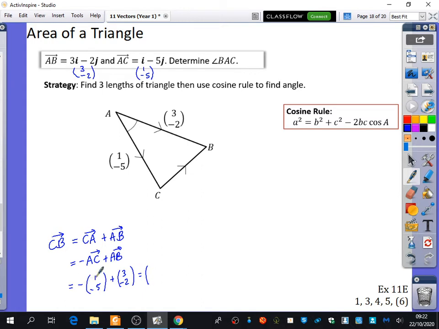So that's -1 plus 3, which is 2. And then -5 minus 2, so plus 5 minus 2... which is 3. So now we can go back to here, and we can say that the side of this triangle is (2, 3).